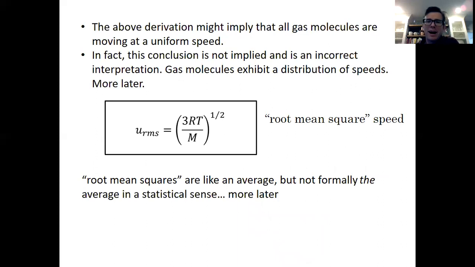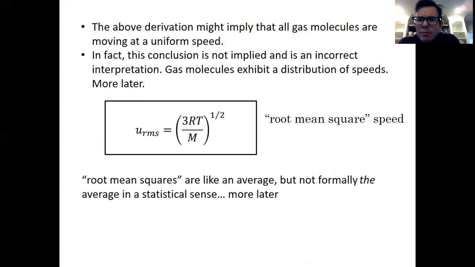So a couple comments and then I'll end. You might imply or understand from this that all gas molecules are moving at a uniform speed, right? They're all going at one speed, but it's not right. That's not what this model is actually suggesting. There's some nuances to it, and that would be an incorrect interpretation.